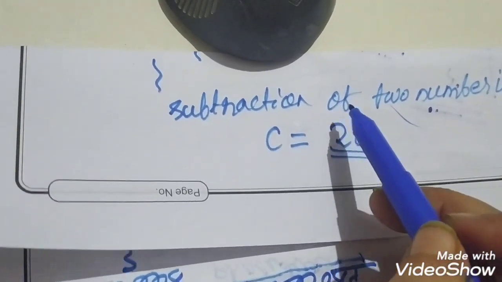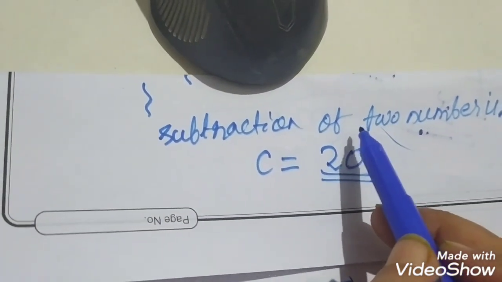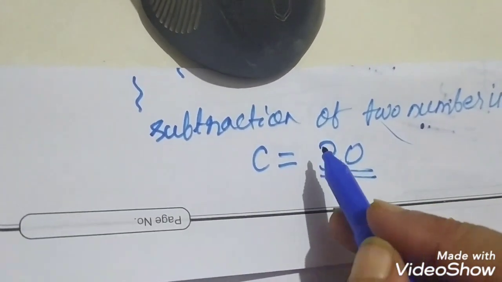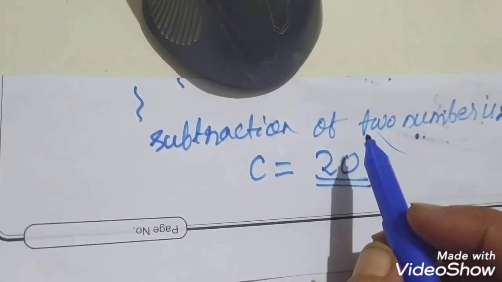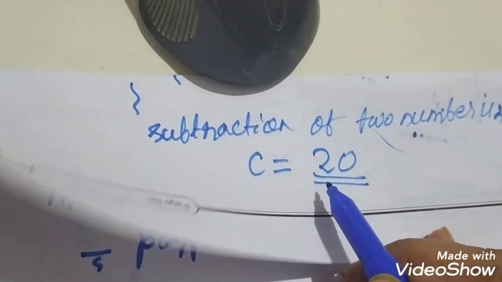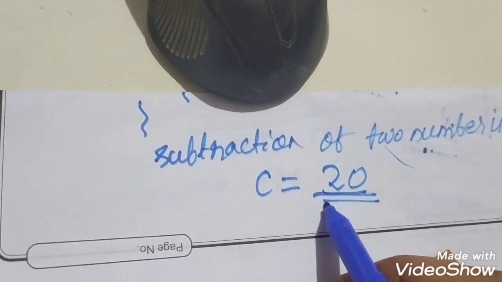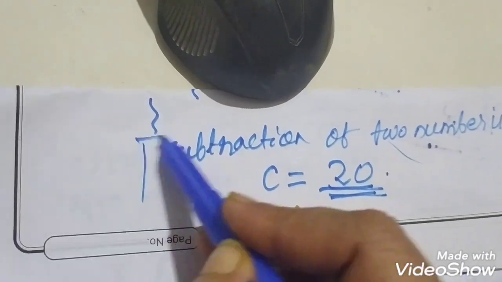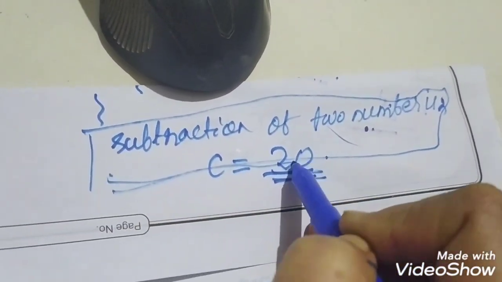So the num1 and num2 values, 40 and 20, will be replaced by a and b, and a minus b gives 40 minus 20, so the result will be 20. This is the output screen you will get for the subtraction method.